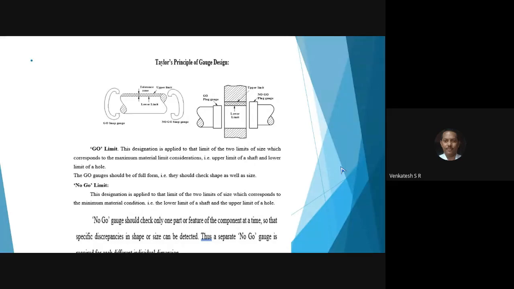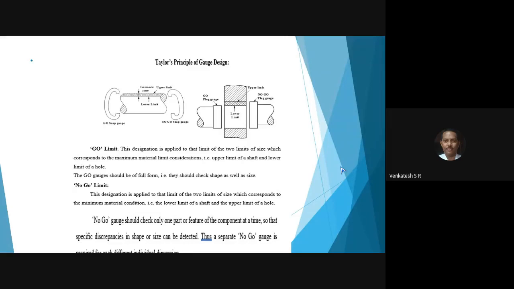Suppose it is a hole: the ovality of the hole, circularity of the hole, or straightness of the hole, one element of the hole can be checked by the plug gauge. In the same way, the ring gauge can check the ovality of the shaft or the straightness of the shaft, and the other element. Only one element at a time.